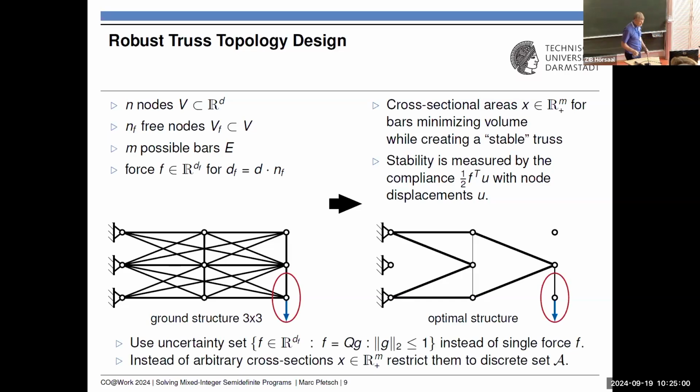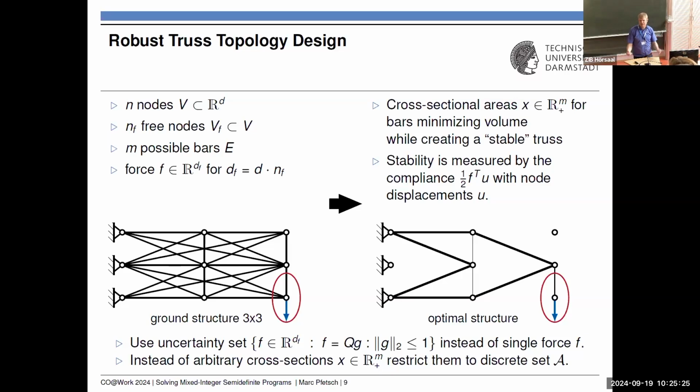Also water forces and so on. And so this is modeled by this uncertainty set here. So we now do not have a single force, but a set of forces, and they here are modeled as ellipsoids given by this matrix Q, and you bound the Euclidean norm of this vector g that produces F.